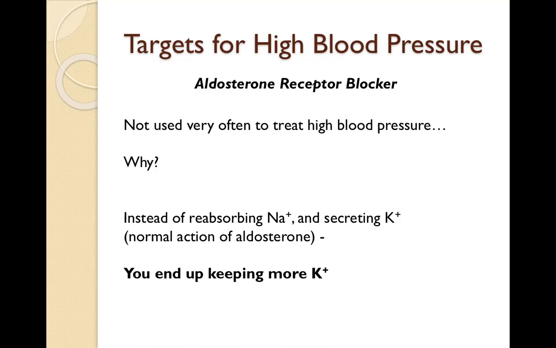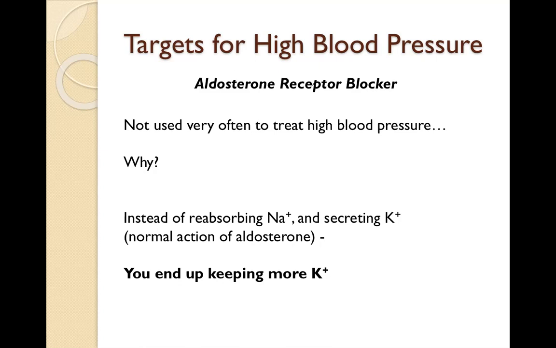Potassium needs to be kept within an extremely narrow range. Just to give you an idea, the range for sodium is somewhere in the realm of 130 or 140 milliequivalents. The range for it is 135 to 145.